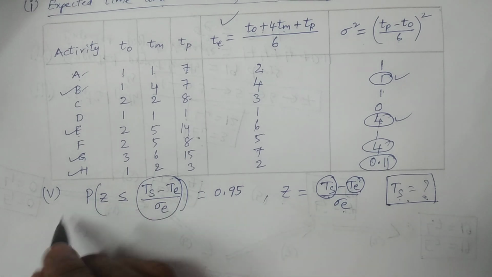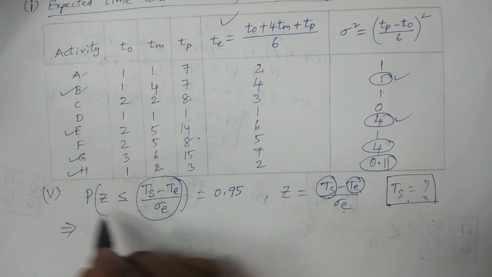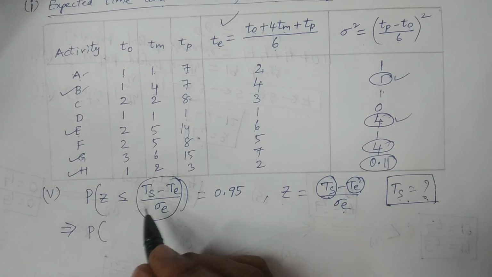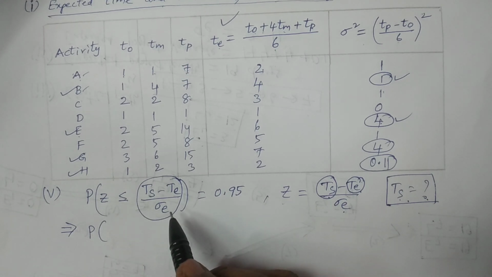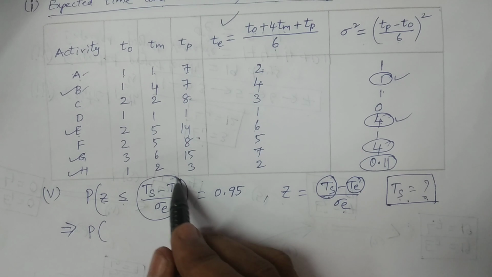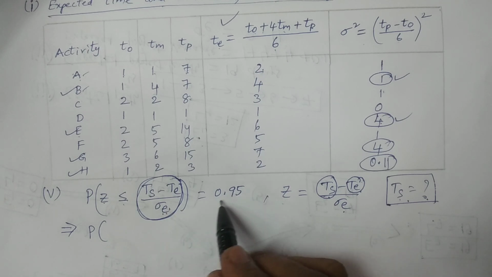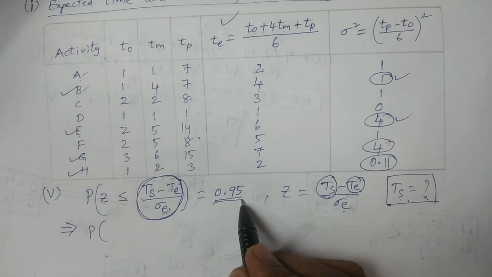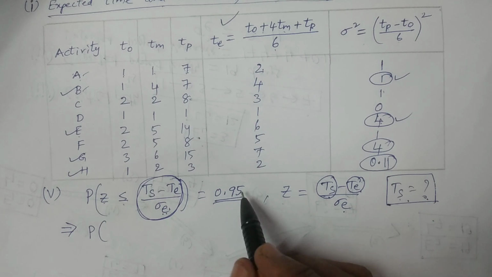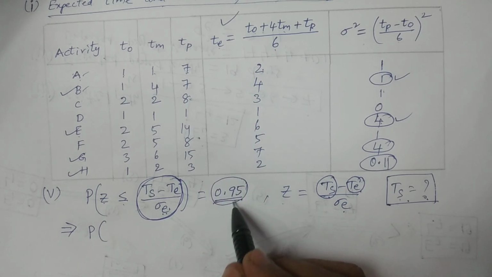Before that, I finish one more particular work here. The probability of Z less than or equal to (Ts minus Te) divided by sigma E. For example, you consider this is Z. This Z value is obtained with the help of 0.95 from the normal probability law, that is, the areas of the standard normal distribution.